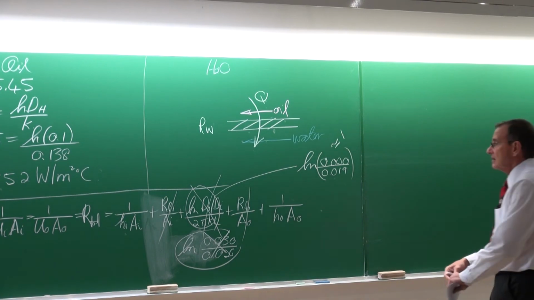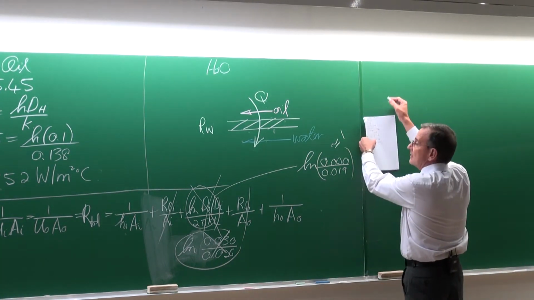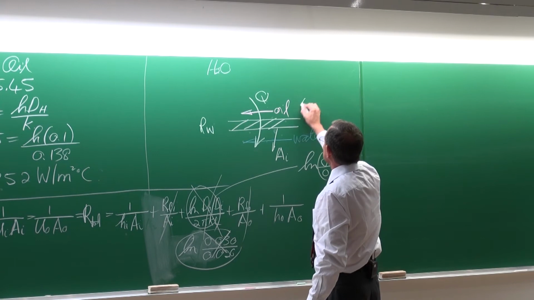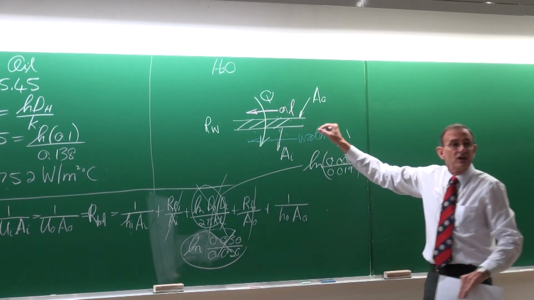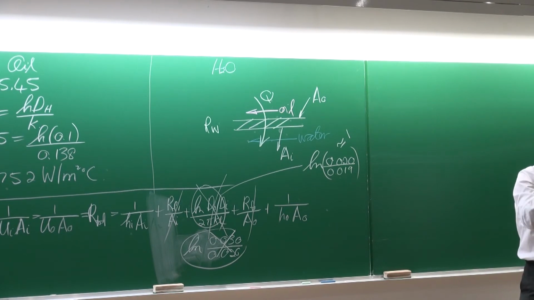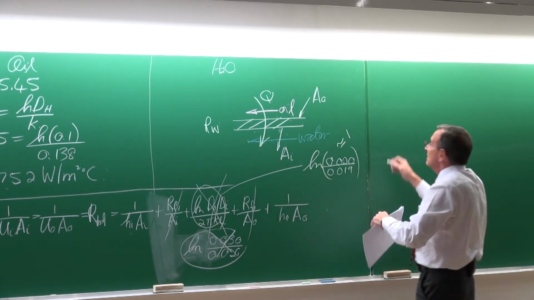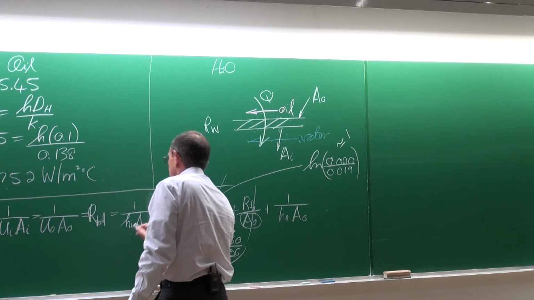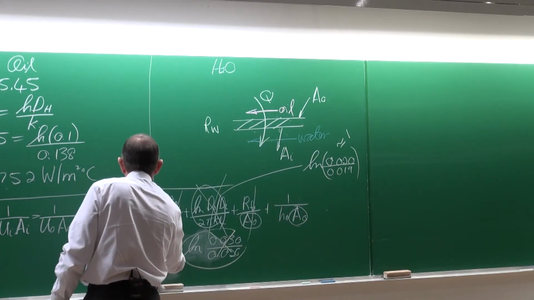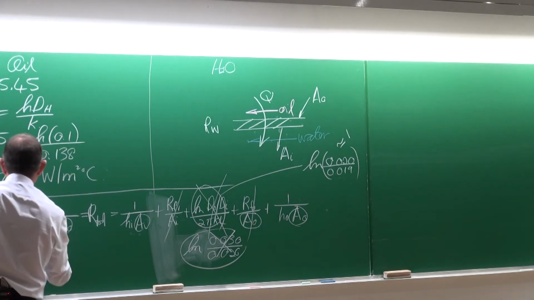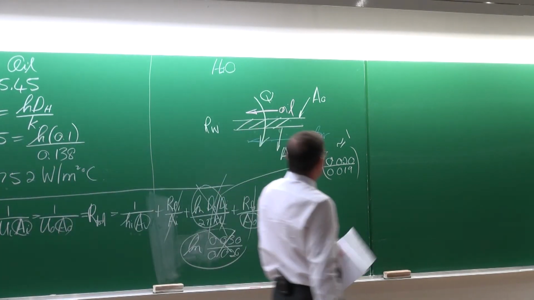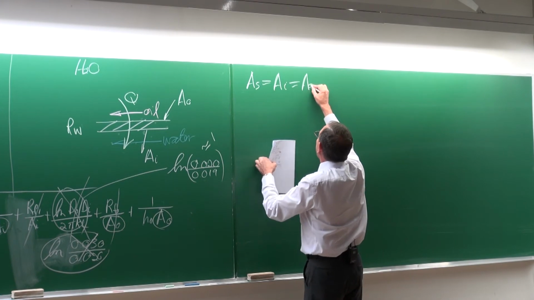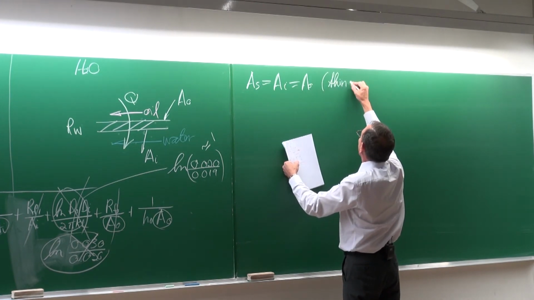Okay? Right, so if we now look at this equation, this is the inside area, and that is the outside area. If the wall is thin, then those two areas are approximately the same. So the surface area is equal to the inside area is equal to the outside area because it's a thin wall.